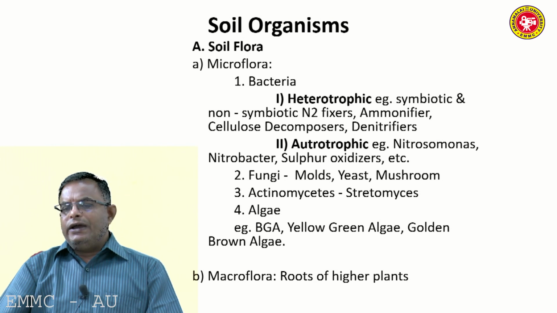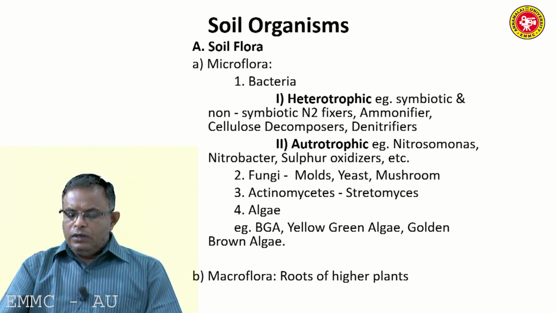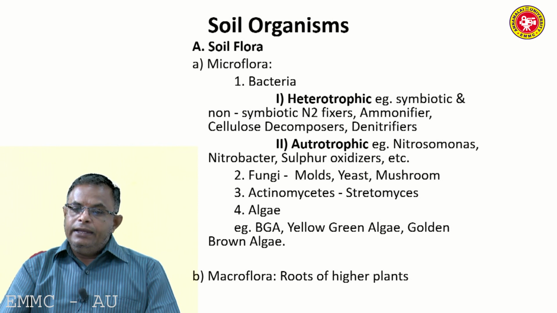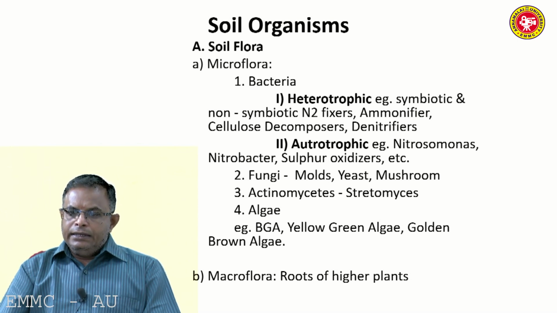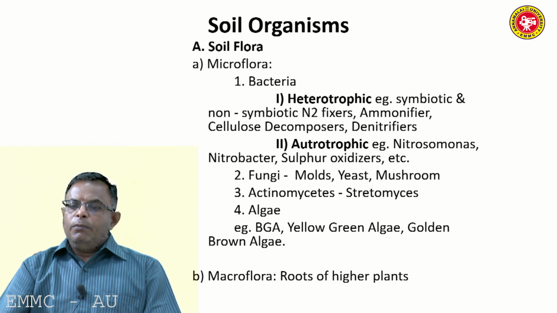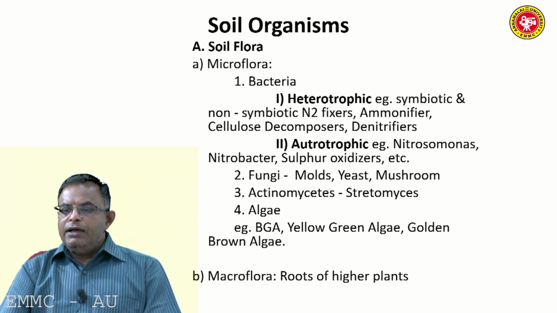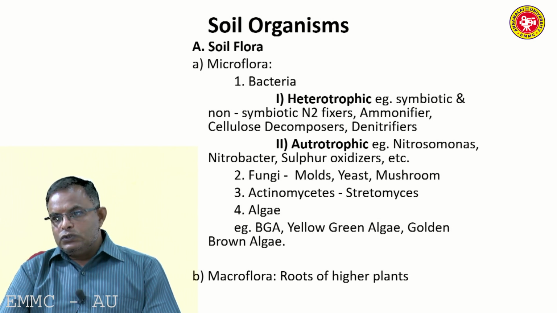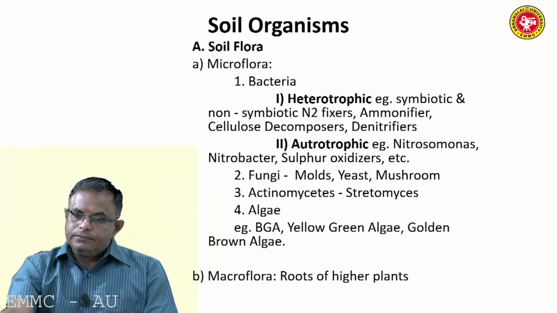So, what are the soil organisms? Soil contains a large number of microbial and macrobial flora and fauna. Microflora includes bacteria, fungi, actinomycetes and algae, and macroflora includes roots of higher plants.